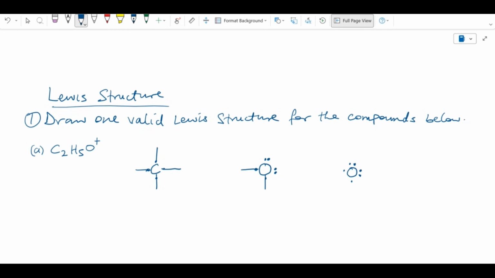Sometimes oxygen can lose 1 electron, and when it does, we give it a positive charge. That also means that oxygen can form 3 bonds. So a positively charged oxygen atom will have 1 lone pair and 3 bonds around it.